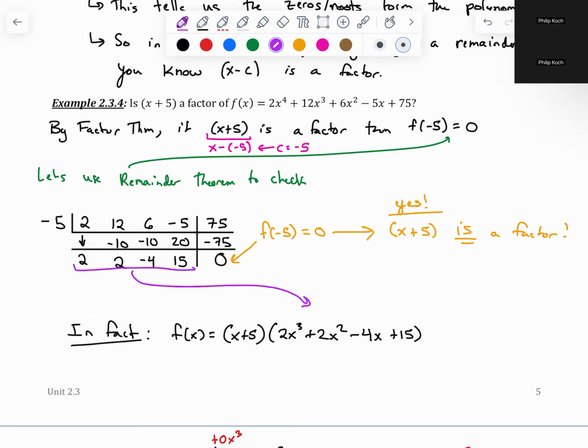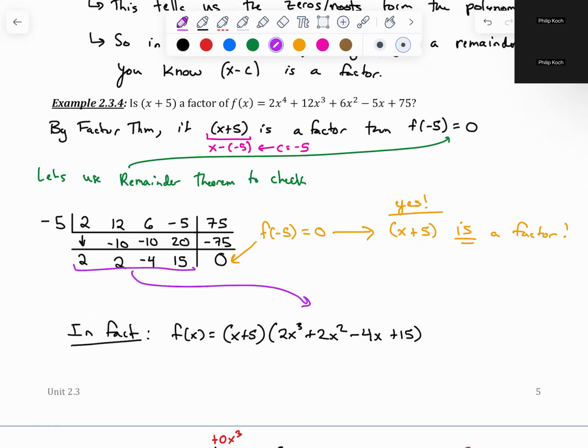Because if you think about it in terms of the division algorithm, you divide by x plus 5, and your function is equal to your quotient times your divisor plus your remainder, but your remainder is 0. So it ends up being that.